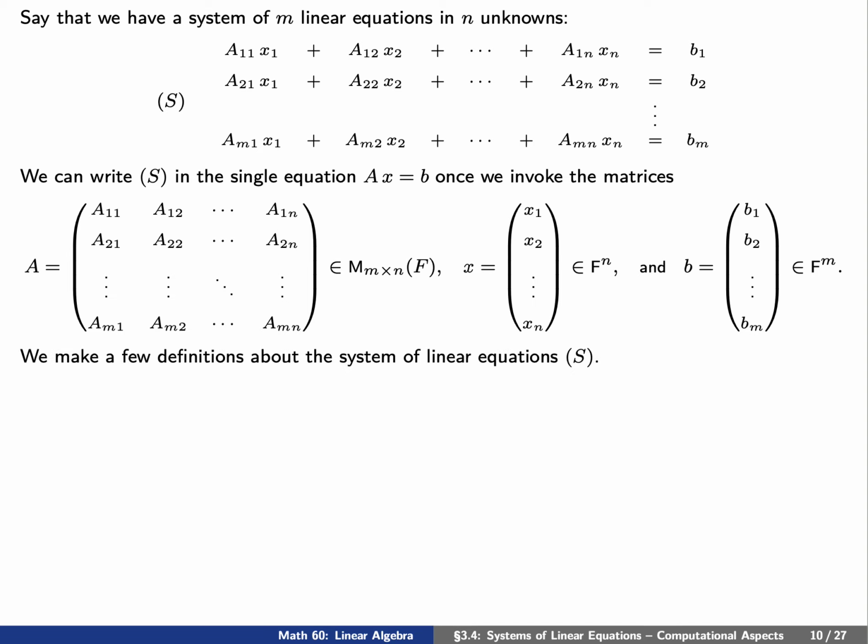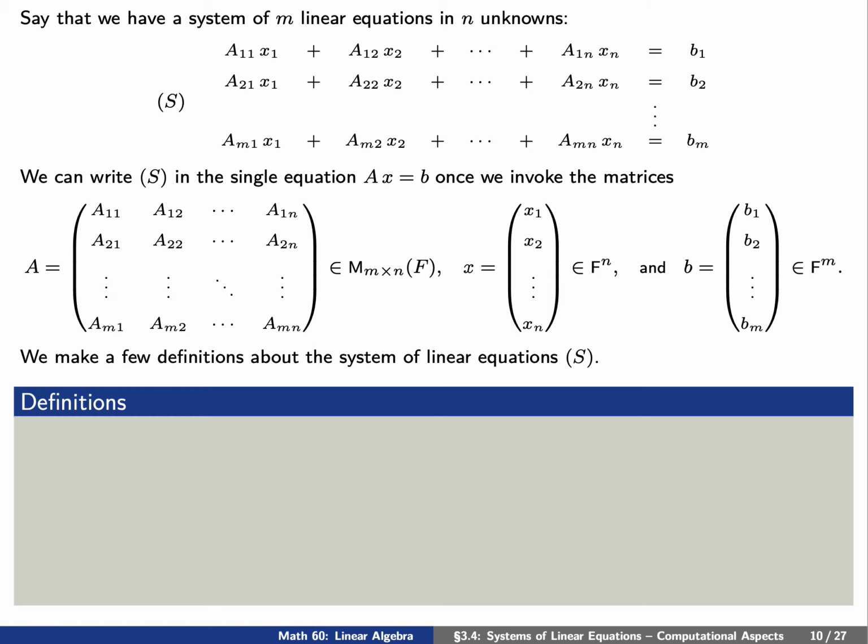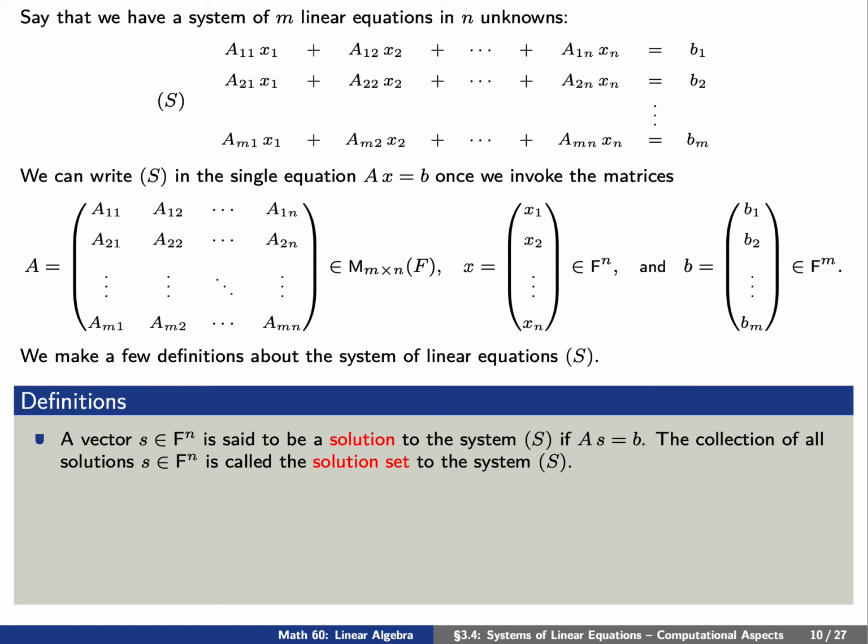We can make a few definitions about this system of linear equations. We'll say that any vector S is a solution to our system if A times S equals B. The collection of solutions S will be called the solution set to this system.